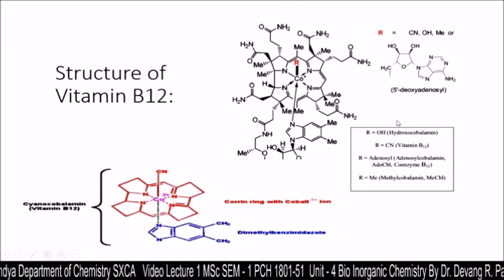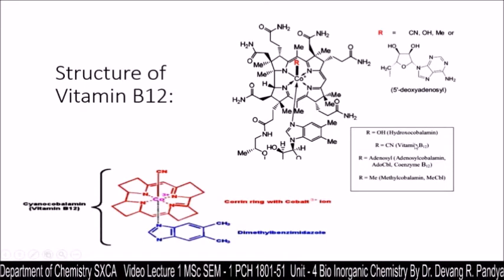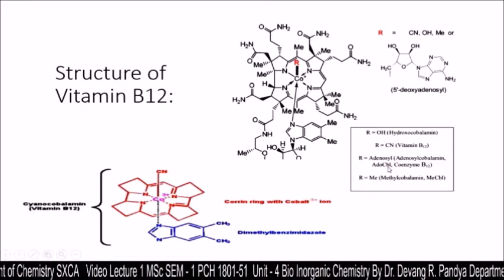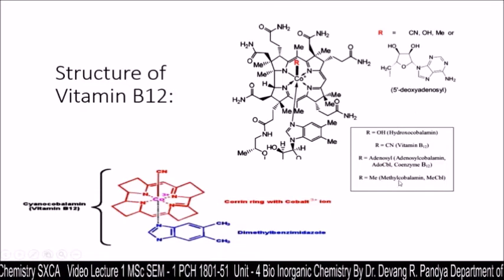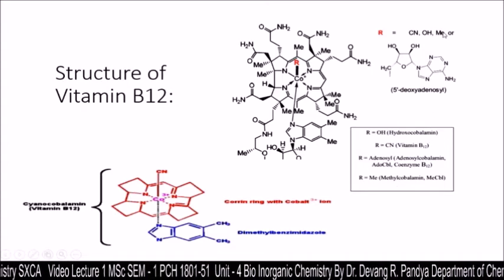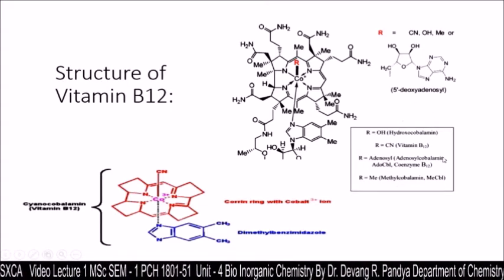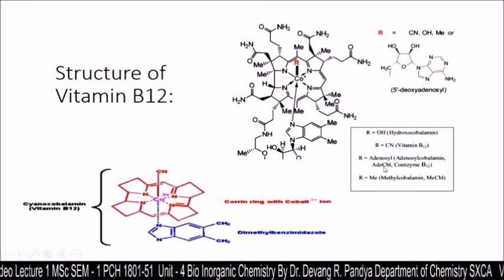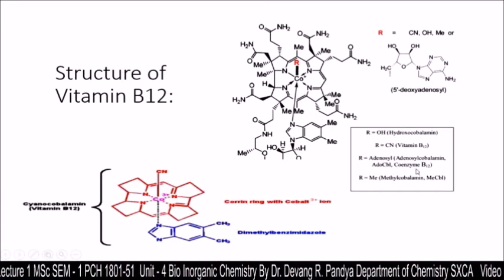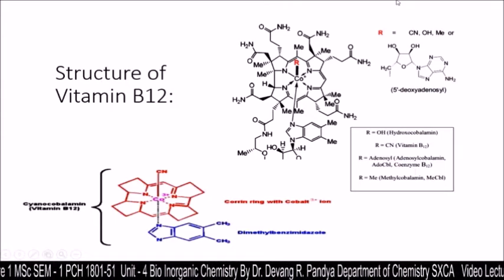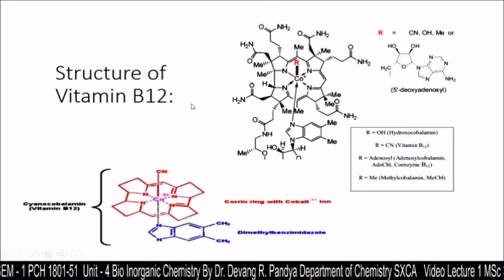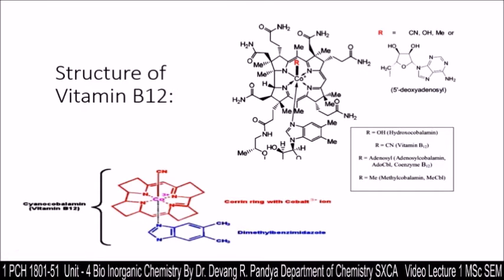If it is hydroxide, then hydroxocobalamin. If it is a methyl group, then it's methylcobalamin. If it is chloride, then chlorocobalamin. If it is adenosyl, then it is adenosylcobalamin, coenzyme B12. So the substituent group differs the type of vitamin B12.